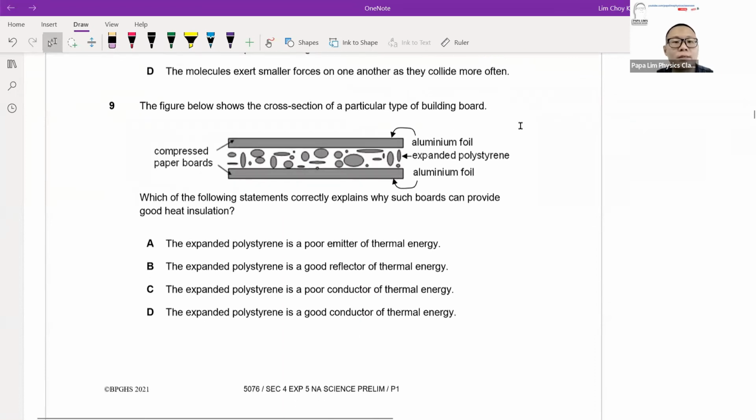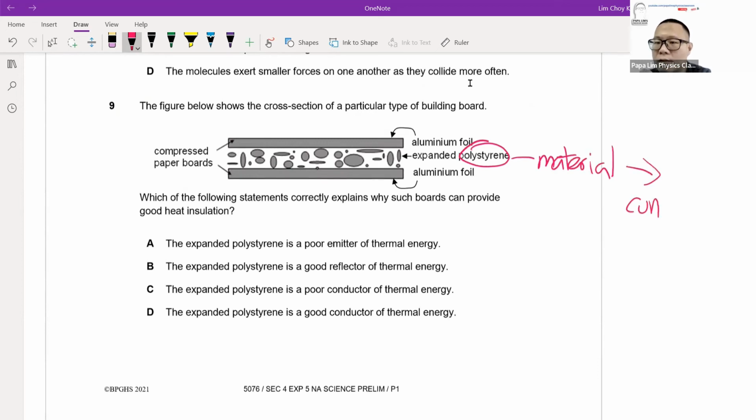Now, question 9 is a classic example of a mode of transfer, and there are a few possible questions they might be looking at. For example, polystyrene is the medium, the material of the substances. The question could be about conduction, because material usually revolves around conduction.